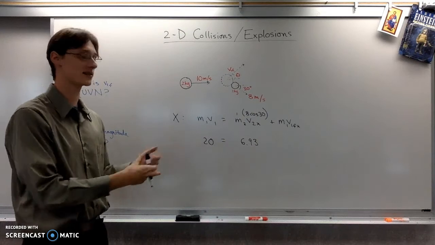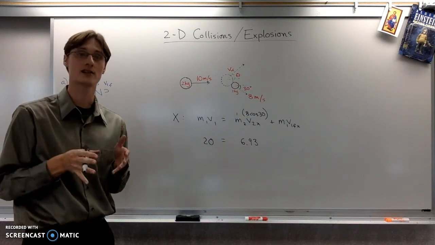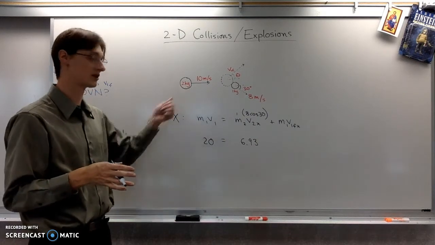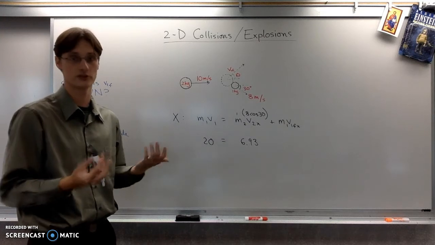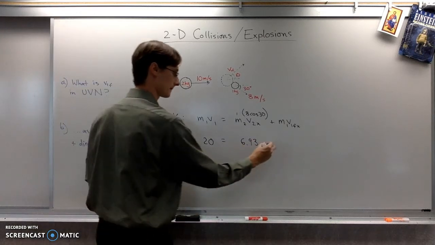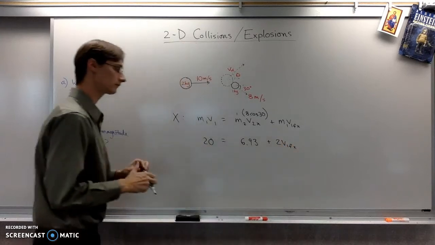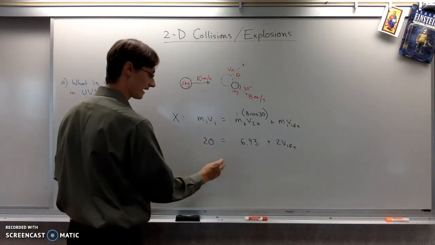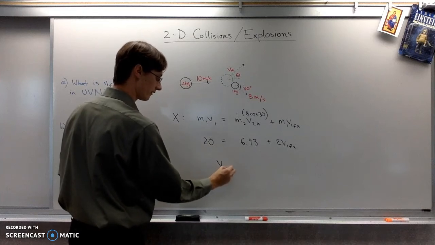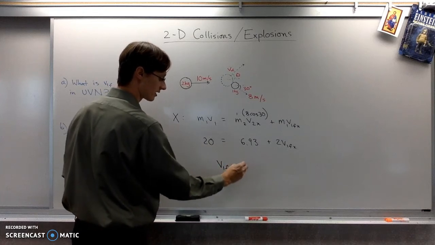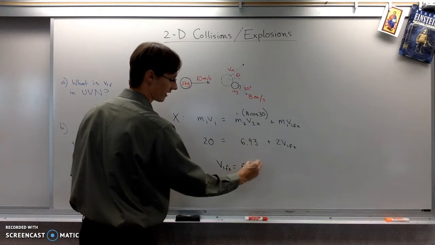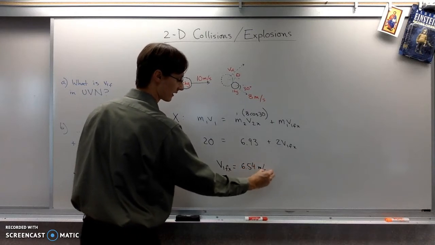Meaning, when I get my answer, it's going to be just the x component of the 2 kilogram object's velocity after the collision. Okay, and a little bit of math later, we're going to end up with v1 final x equals 6.54 meters per second.